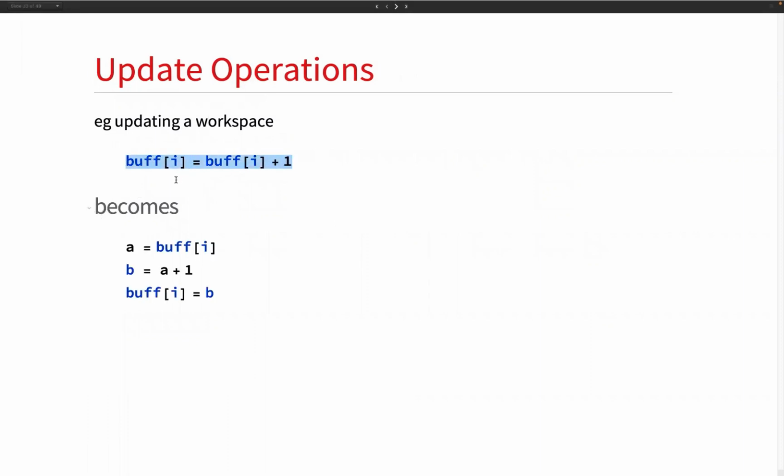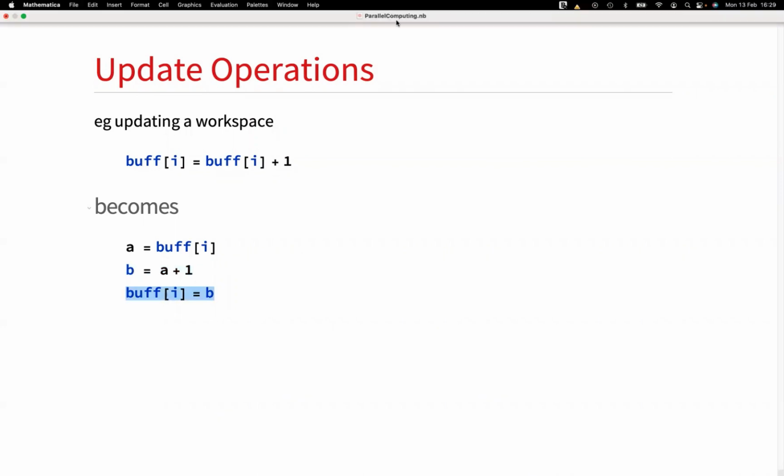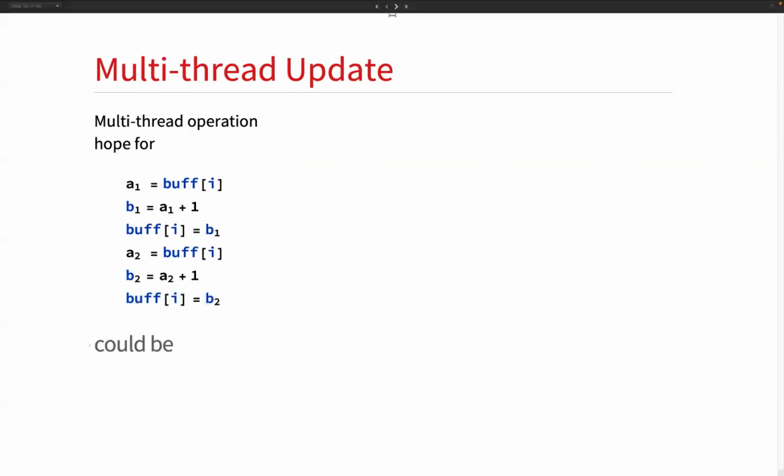What this becomes in lower level instructions is: you extract the value, you compute the new value, and then you assign the new value back into the buffer. If you do this in multiple threads with the same index, what you hope is going to happen is this: you do one increment, and then the next thread does the other increment.